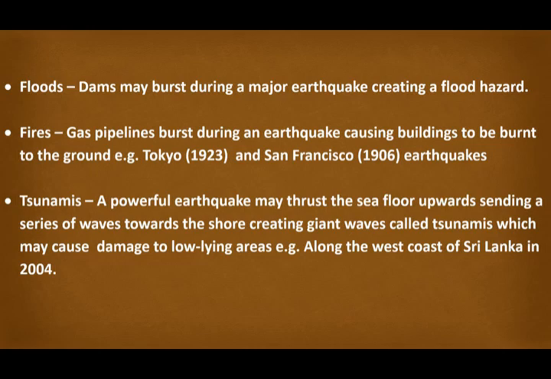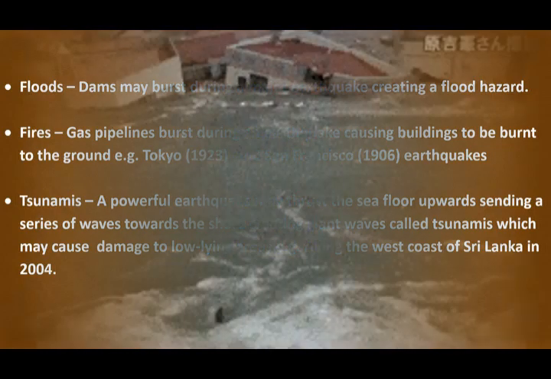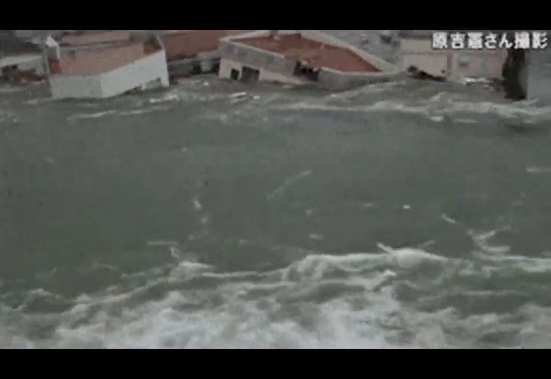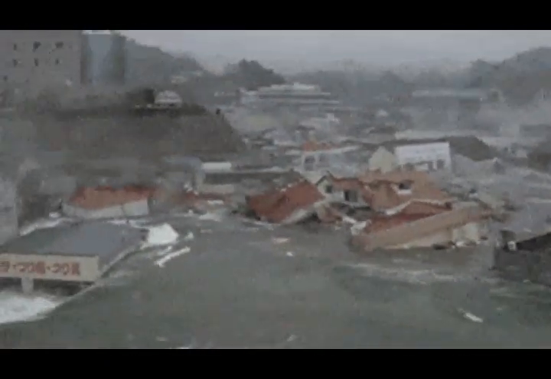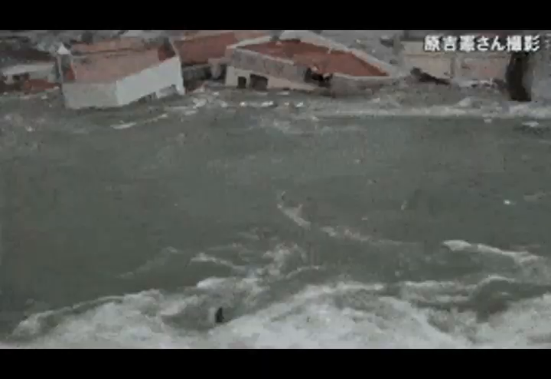Tsunamis also occur as a result of earthquakes, and these are vast or large waves that are generated by seismic activity. This is flooding taking place in Japan due to a tsunami going very far inland.